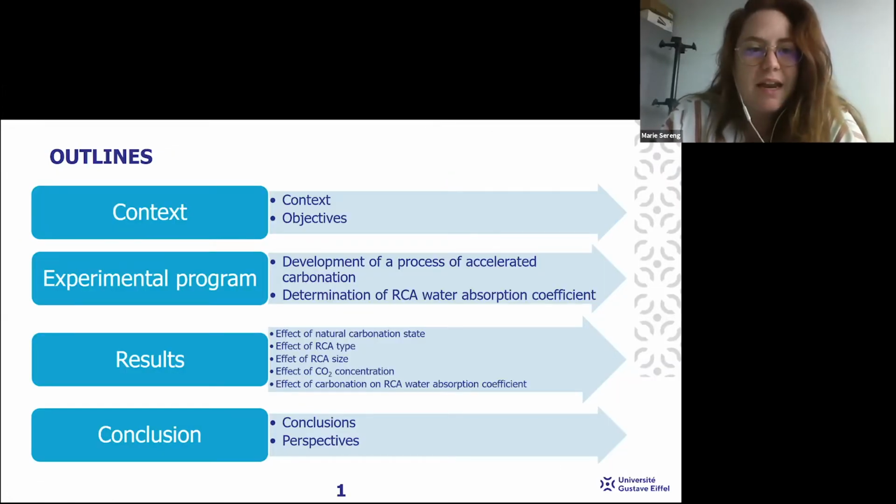About the outline, I will begin to present you the context and the objectives of this study. I will continue with the experimental program, especially the development of the process of accelerated carbonation. I will continue with the results, especially the parametric study of the effects which affect accelerated carbonation. And I will finish with some conclusions.